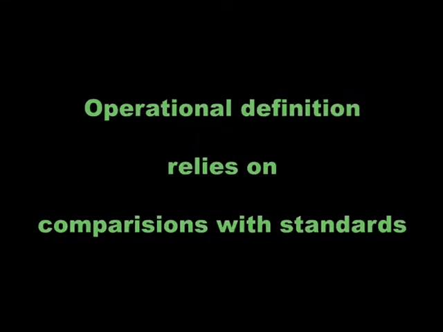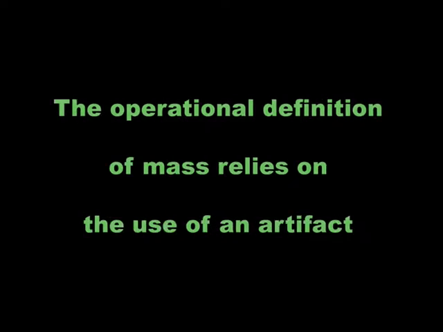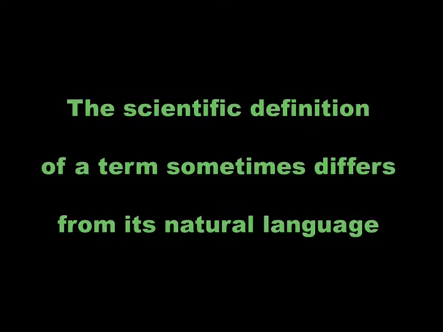The operational definition of a thing often relies on comparisons with standards. The operational definition of mass ultimately relies on the use of an artifact, such as a certain kilogram of platinum iridium kept in a laboratory. The scientific definition of a term sometimes differs substantially from its natural language usage.